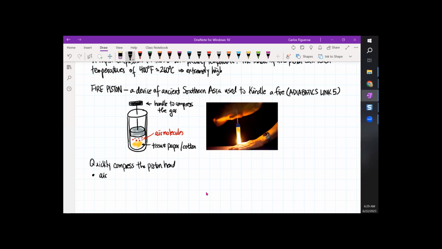The air molecules increase internal energy and, of course, temperature. And so what you're finding here is that the tissue cotton is at a lower temperature.